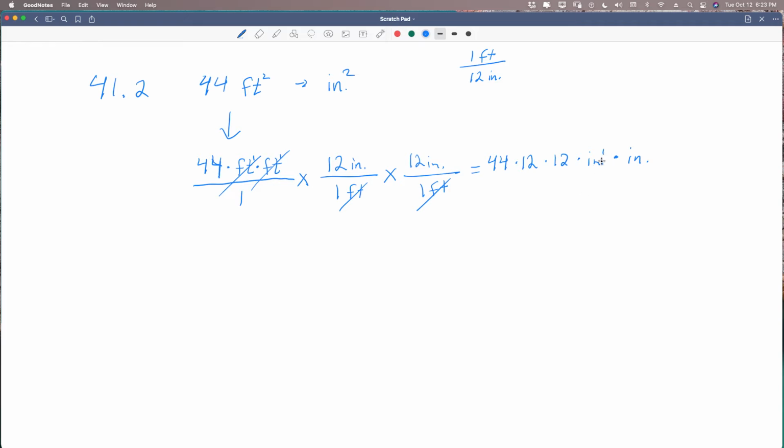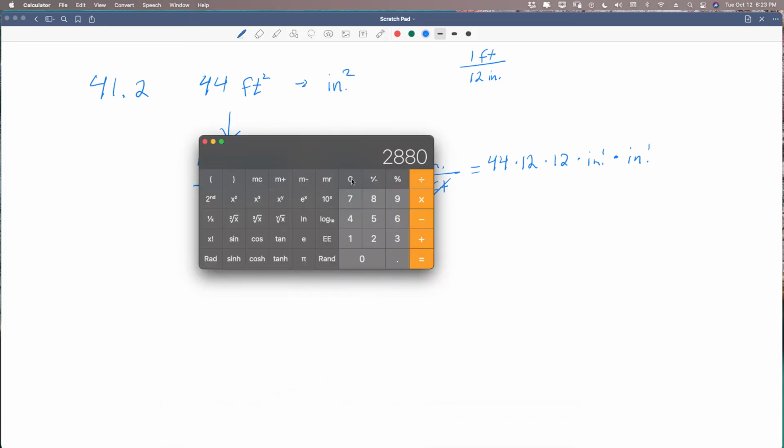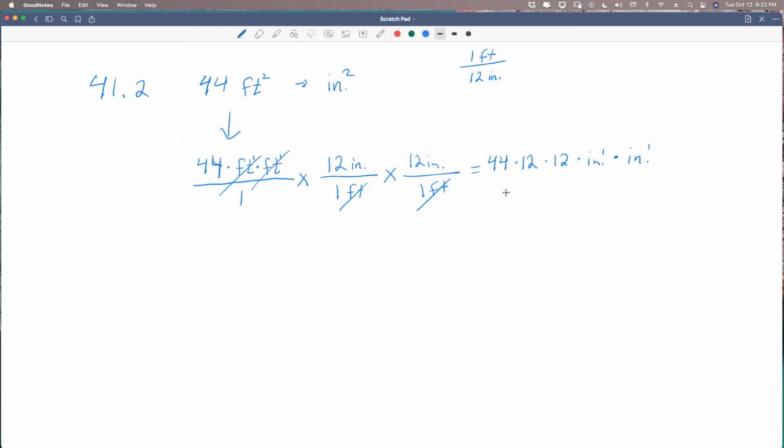And if these have an exponent of 1 on them, then what we'll do is say 44 times 12 times 12 equals 6,336 inches squared, because these have been condensed into one variable, one base.